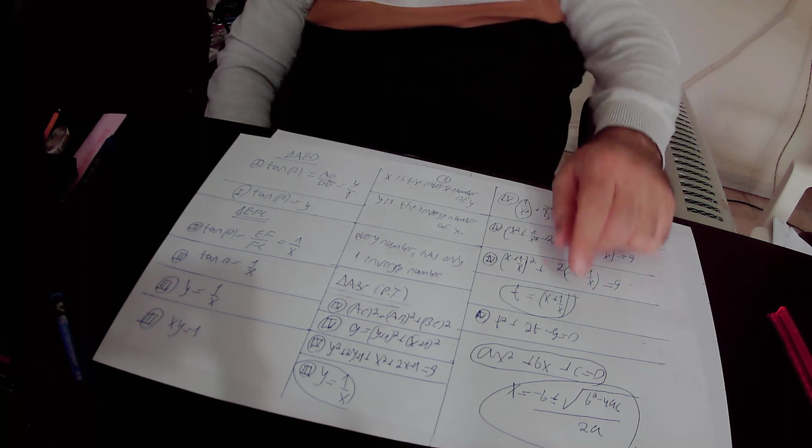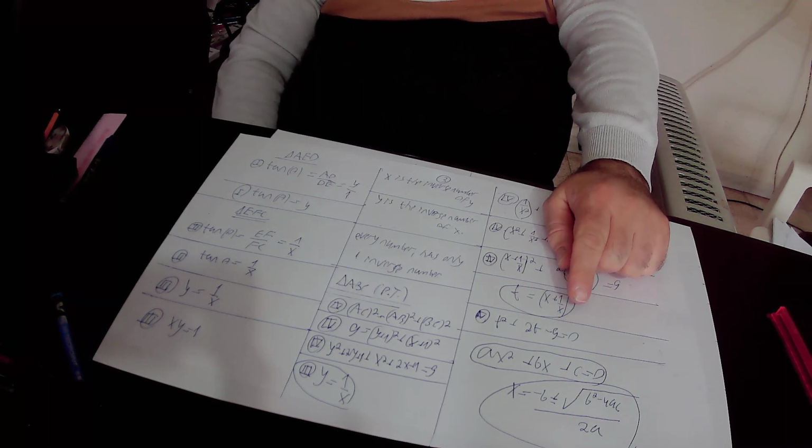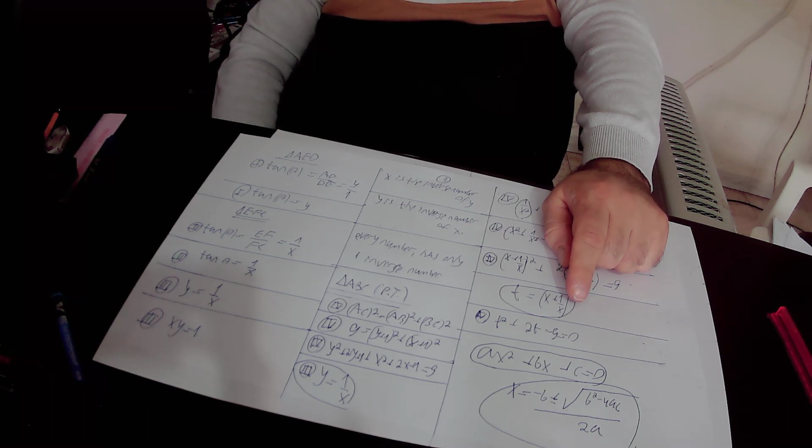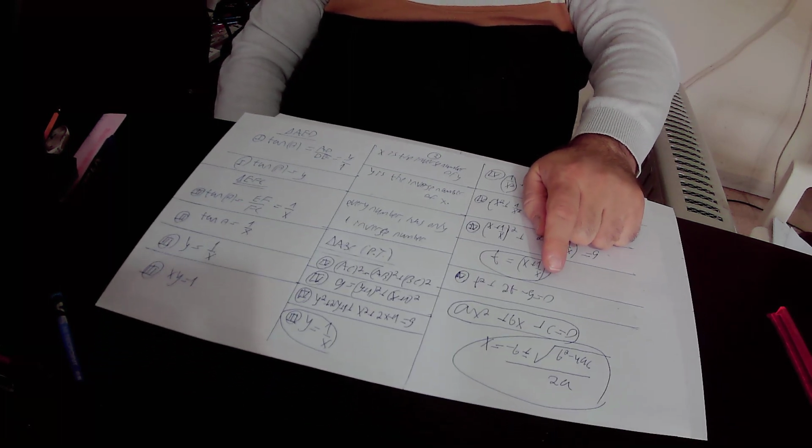So here we have a quadratic equation, and the general form of a quadratic equation is ax squared plus bx plus c equals 0, where a, b, and c are the coefficients of this quadratic equation, and x is the variable that we are looking for, and we will find the value of x according to a special formula.